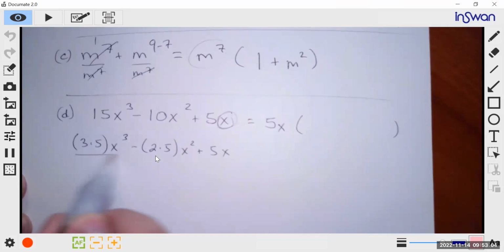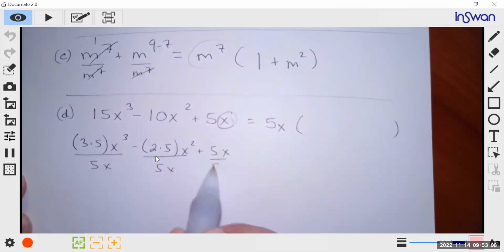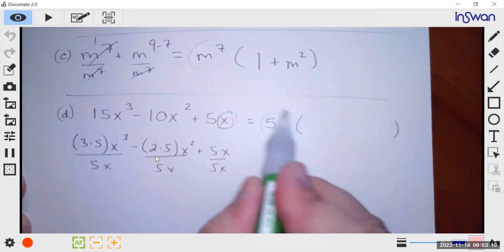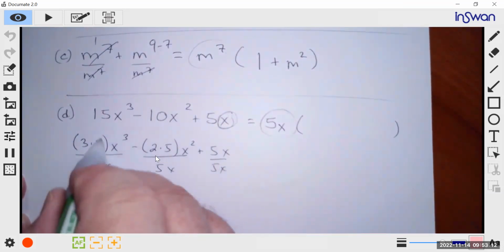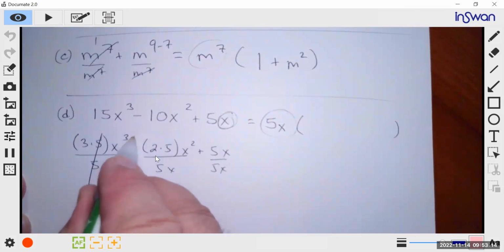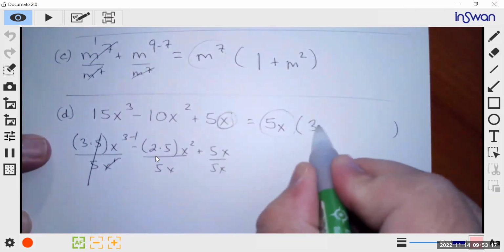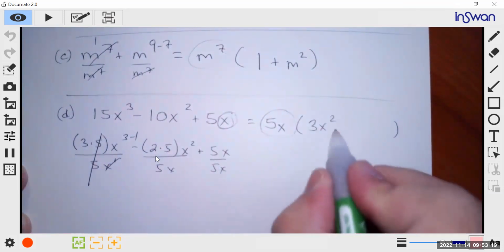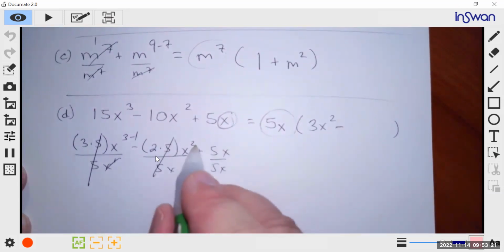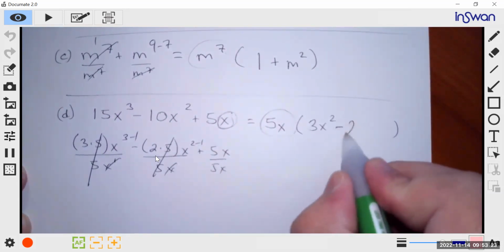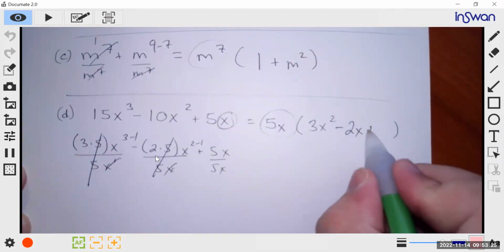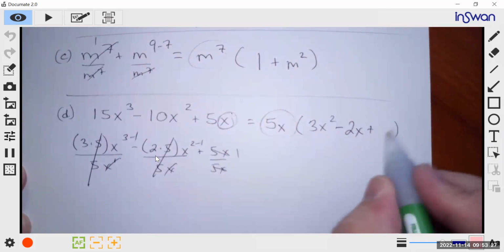So if I divide each of these numbers by 5x, because I factored out the 5x, so I divide each of them. The 5's cancel. 1x is gone, so I have 3x². The 5's are gone, and I lose 1x, 2x. 5x divided by 5x is 1.